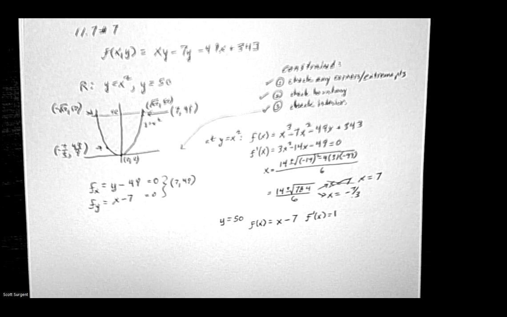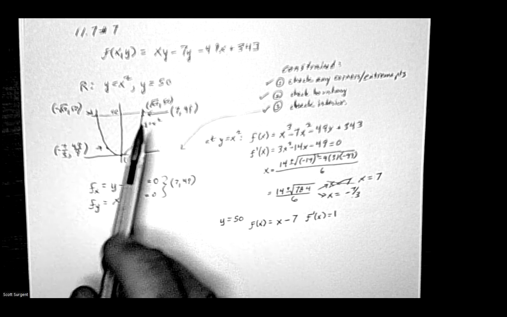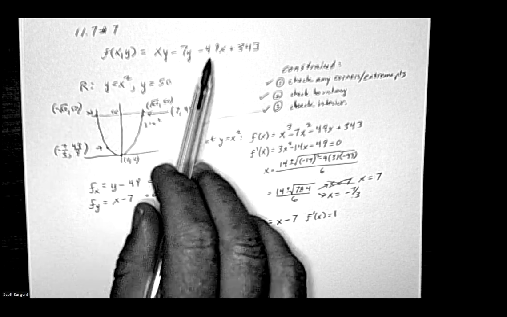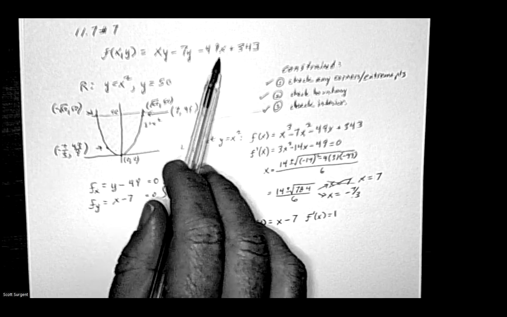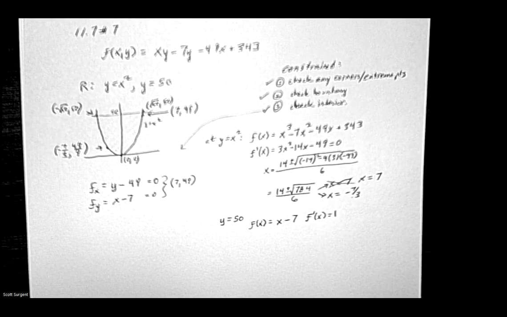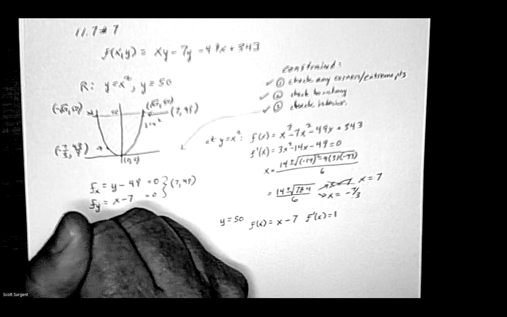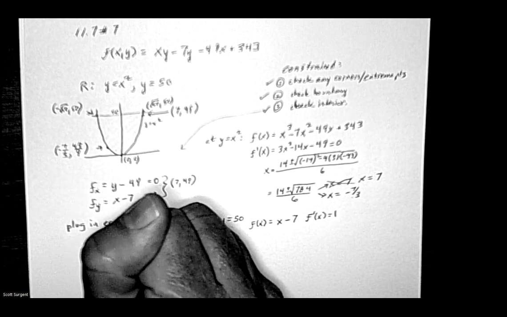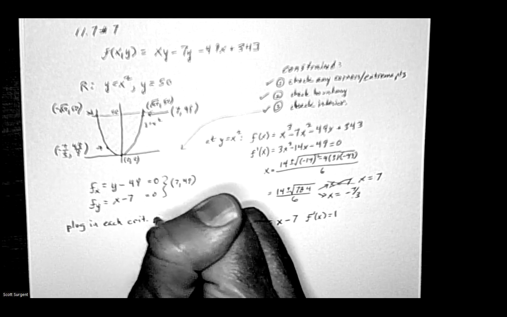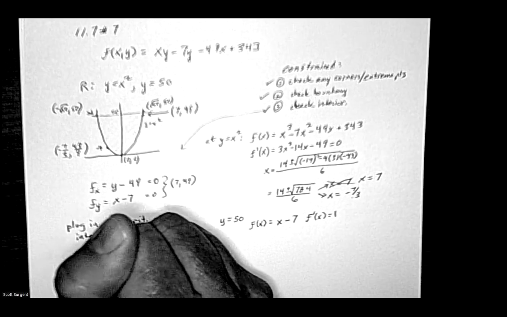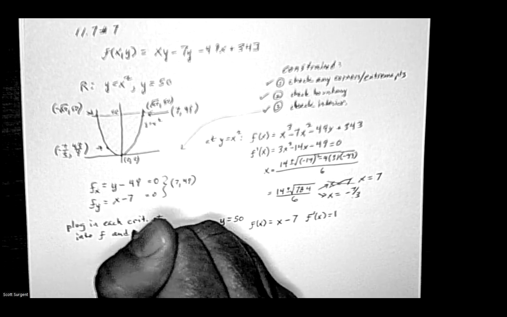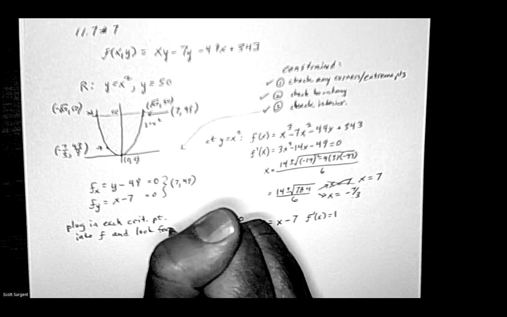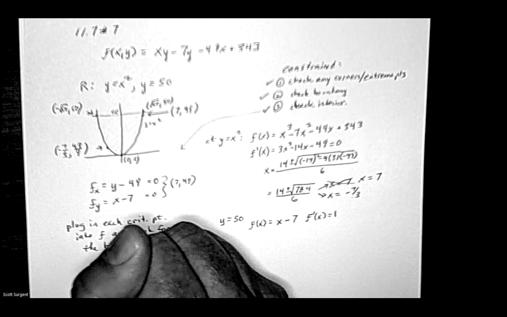At this stage, it's actually rather easy. All you do is simply plug the points into the original function and look for the highest and the lowest. So just plug each critical point into the function itself and look for the highest and lowest.